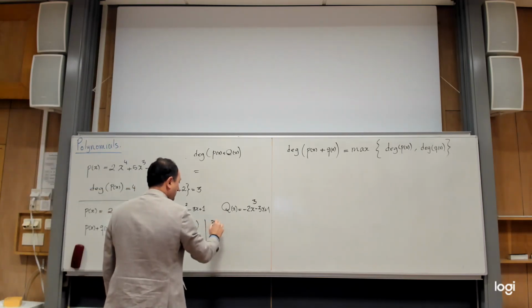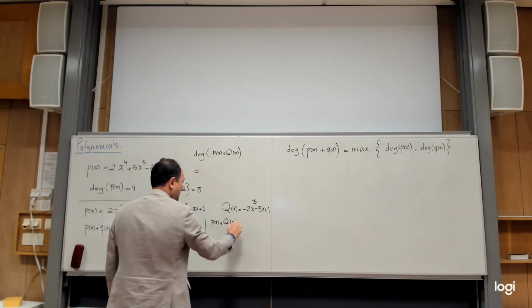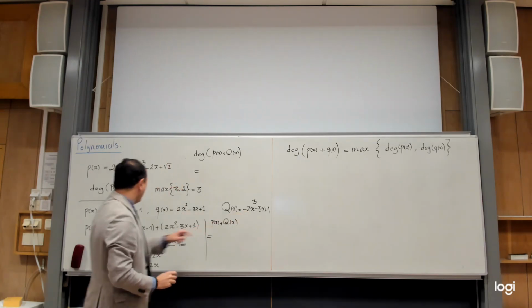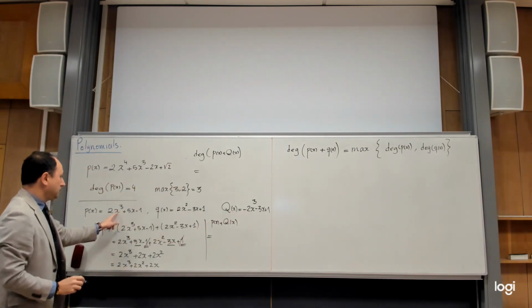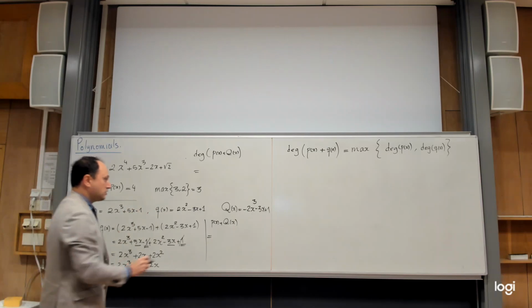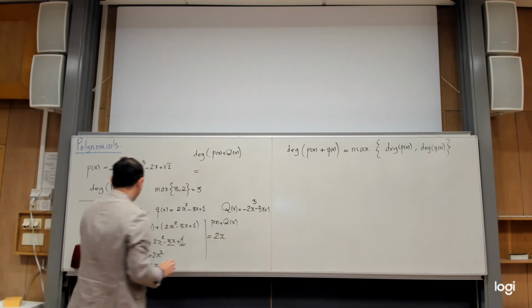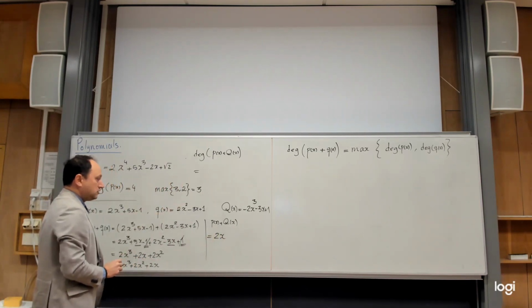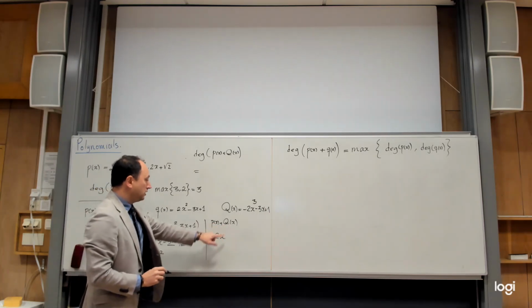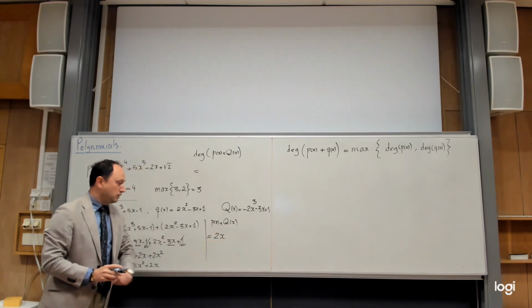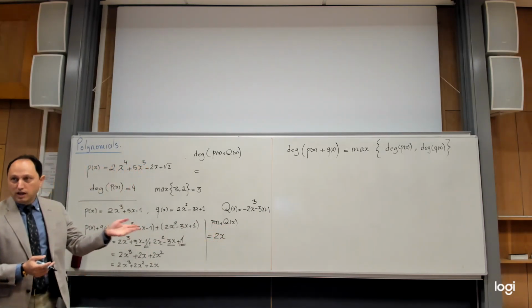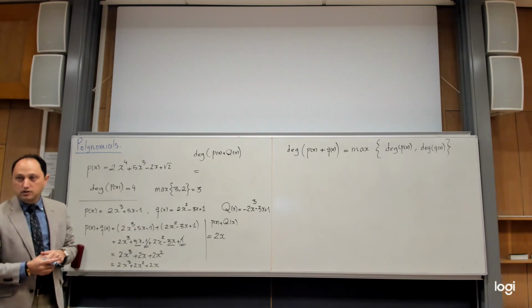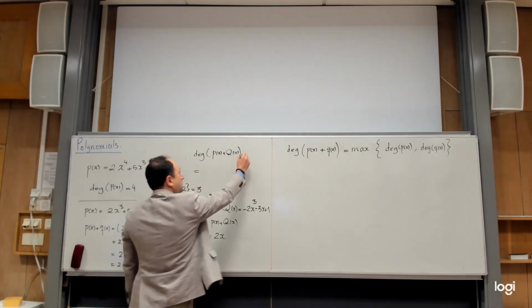So p(x) plus the capital Q(x) is equal to: this one and that one are cancelled, but 5x minus 3x is 2x, and then minus 1 plus 1 is 0. So the sum of these two polynomials is 2x. And if I ask you what the degree of this is, you will answer the degree is 1.